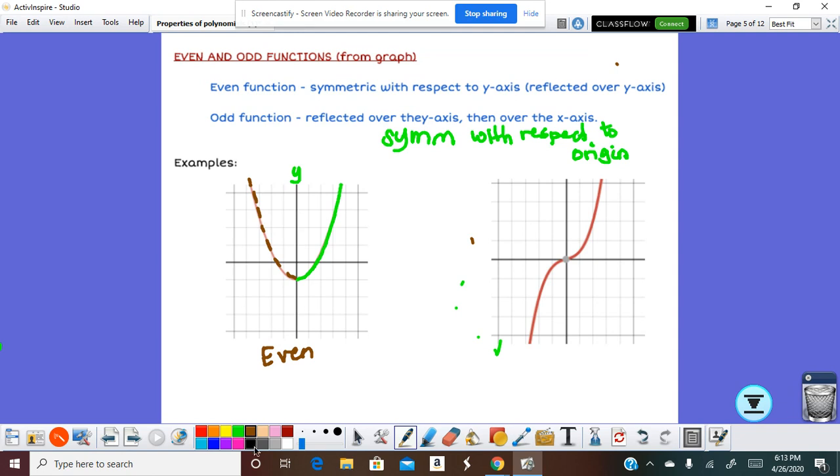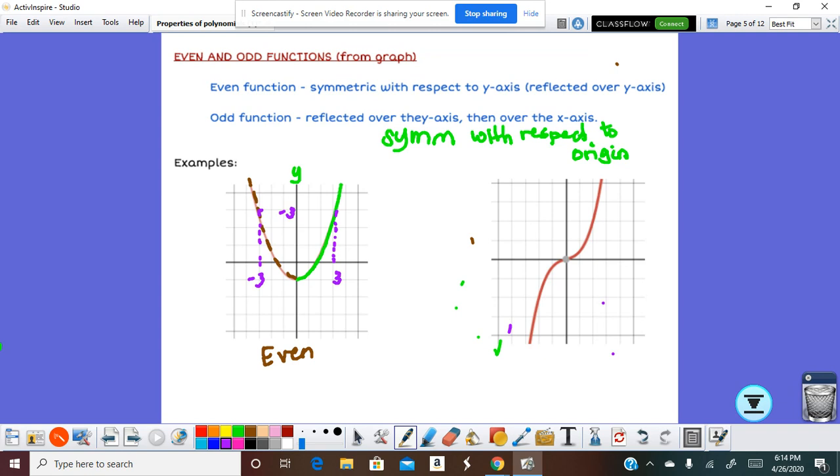Now, if you look at this point right here, that's 1, 2, 3. So this point is 3. If x is 3, then y is also 3. And if x is negative 3, then y is also positive 3.